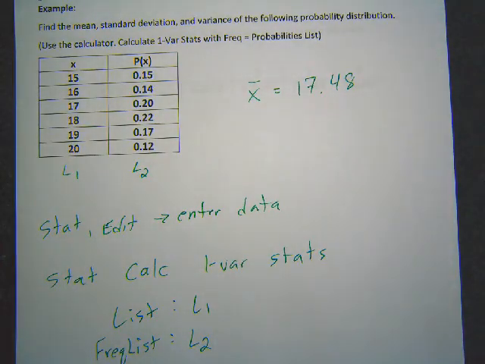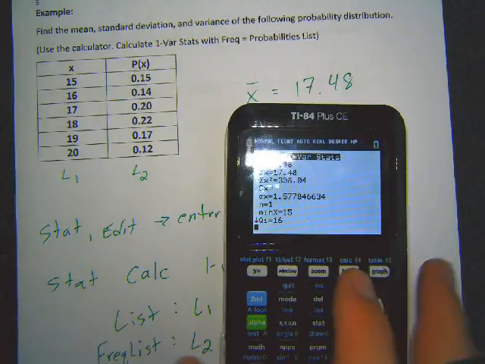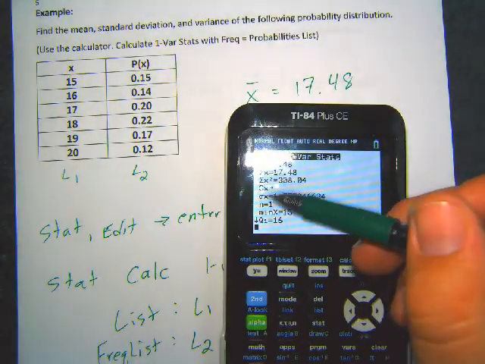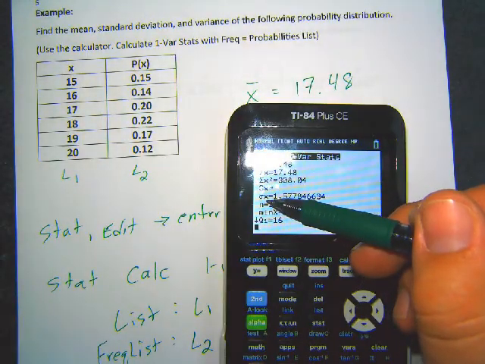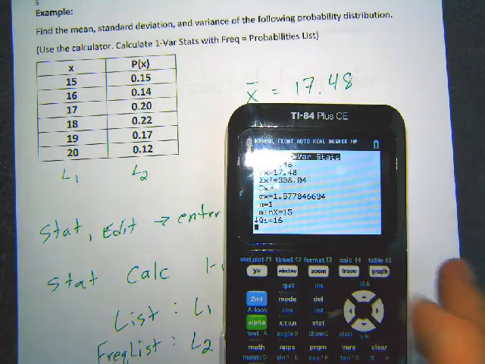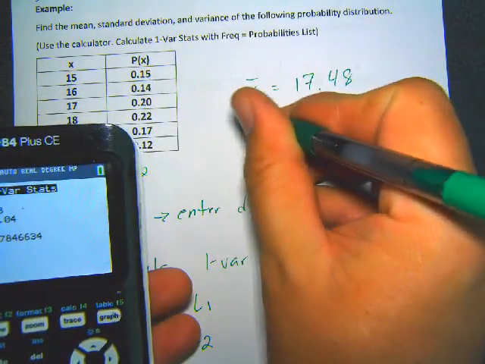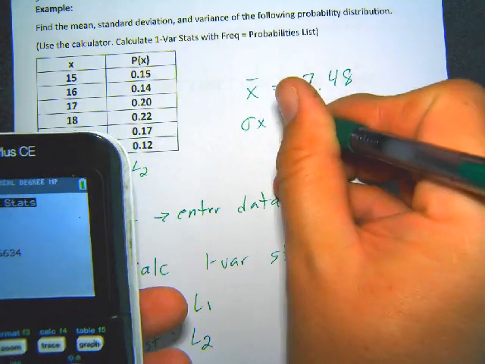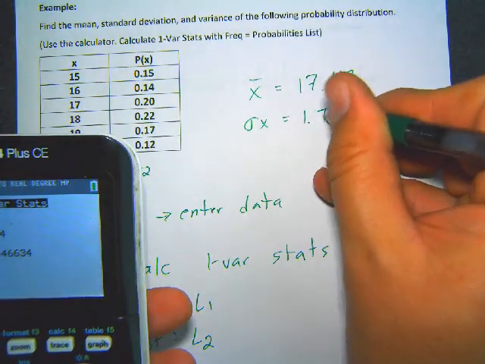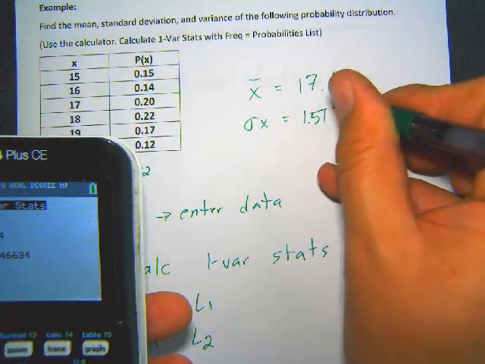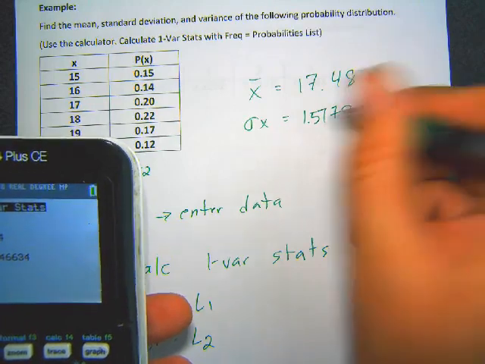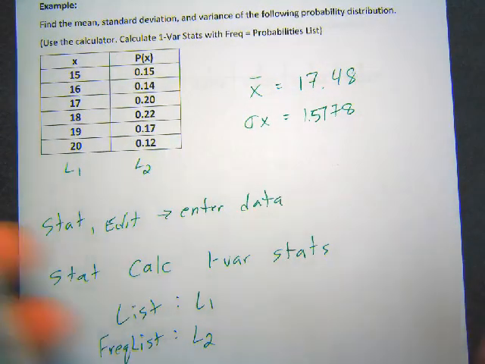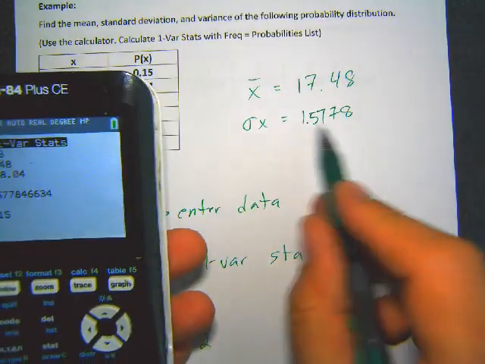The standard deviation, we're going to use the sigma. You see this sigma x right here. That's your standard deviation. It should be 1.5778. So standard deviation, sigma x. And again, you'll round to whatever MyStatLab tells you to.